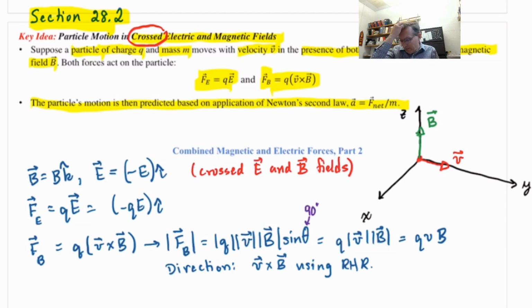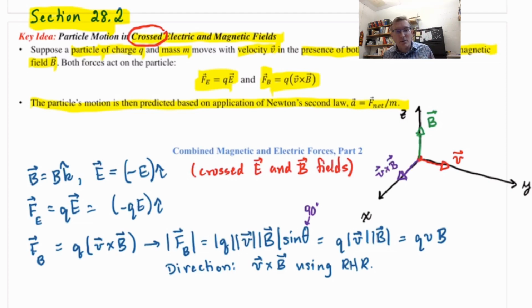Okay, so when we do V cross B, I take two pens, red and green, red for V, green for B. I do V cross B. My thumb points along plus x. It's got to be perpendicular to the plane of V and B. So let's be careful. Now that's the direction of V cross B using the right-hand rule.